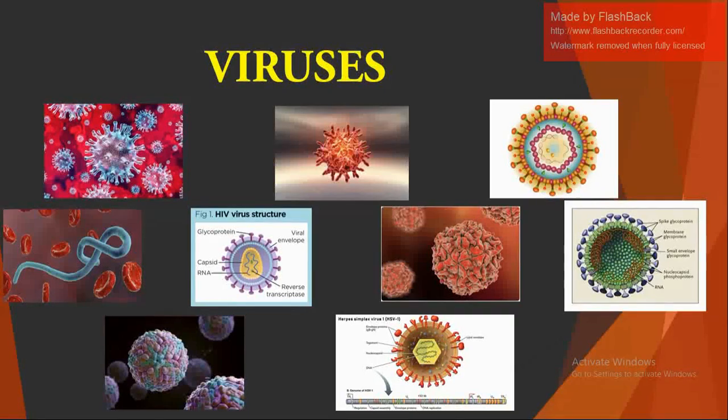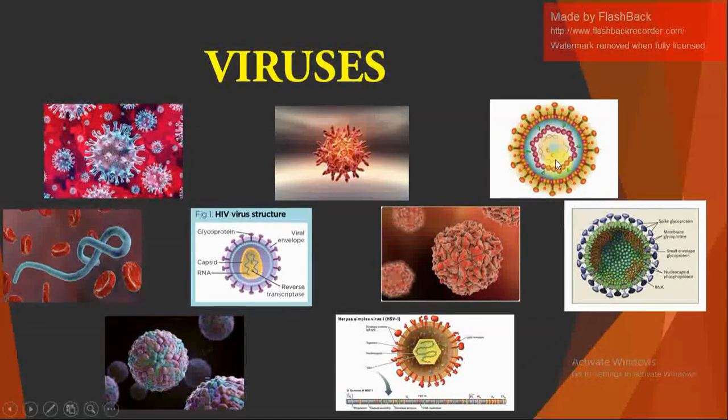There are some 8 to 9 different types of viruses shown here. Namely, the first photograph is showing the coronavirus. Okay, presently it is spreading, it's a pandemic. Okay, it is causing disease in human beings, respiratory problems in human beings. It's a coronavirus.